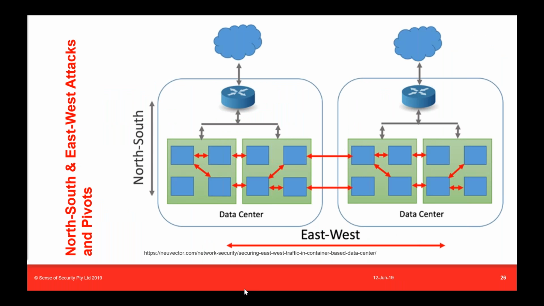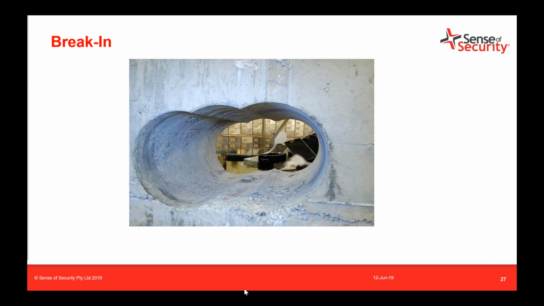Let's look at how this plays out in your modern microservices architecture with containers. In this diagram over here, we can see that it's a combination of both north-south vectors and east-west vectors. Now, the reason why this becomes important is because if you look at how a break-in might occur into your organization, it normally occurs through what we call a pinhole entry.